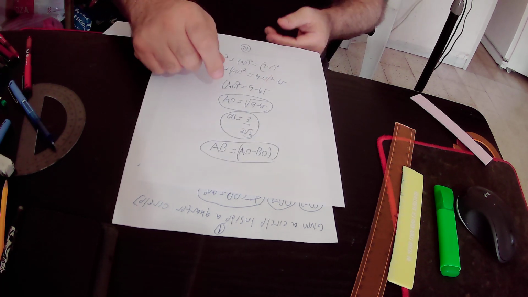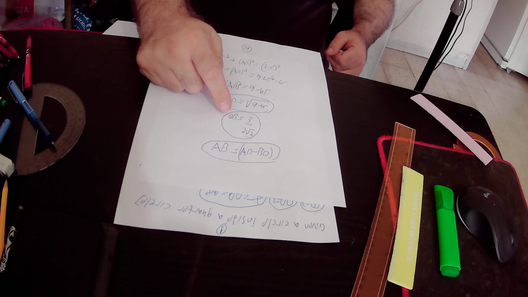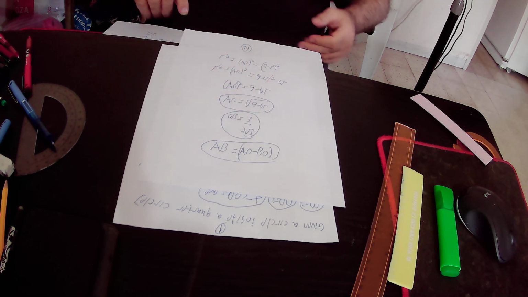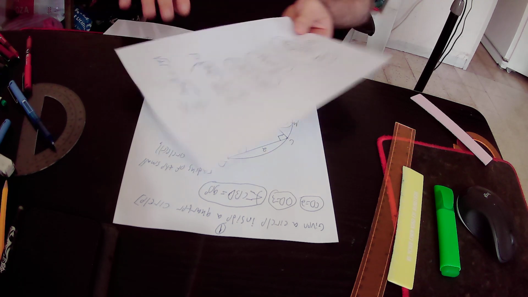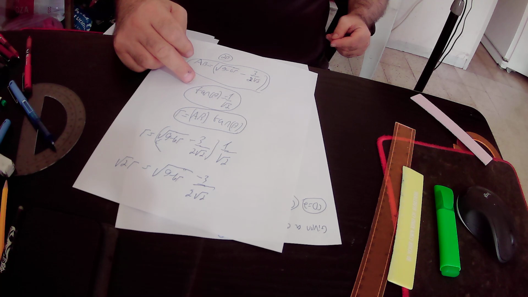So we substitute AO by the root of 9 minus 6r, and BO by 3 over 2 times root 2, and we found that AB equals this expression. We already found that tangent theta equals 1 over root 2.